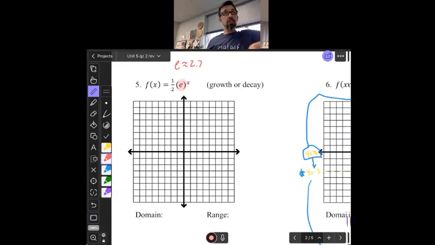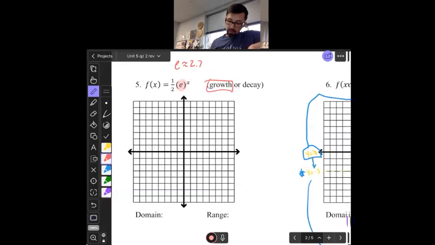So e is about 2.7, right? Remember, e is a number. It's not a variable. It's about 2.72 some. Of course, 2.7 is bigger than 1, so this will be a growth function. Okay. So the half is causing a compression or a shrink. So it's just going to grow slower than it normally would. But it's just still going to grow.